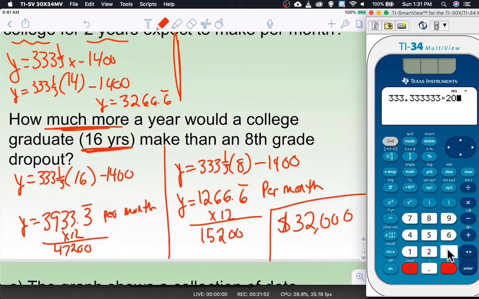Minus 1,400 gives us, that person would make $5,266 a month. If we times that by 12 months, there you go, $63,000 a year. Good for them. So, that's the kind of power that this equation has for us.